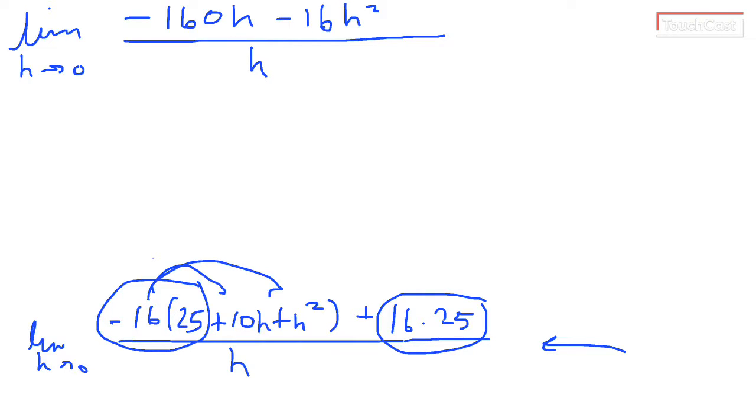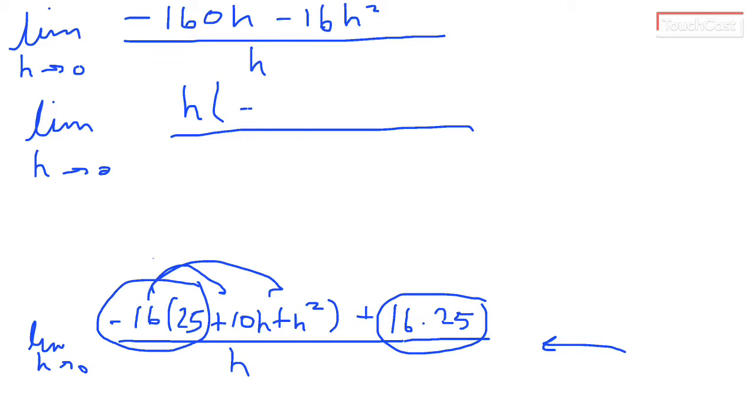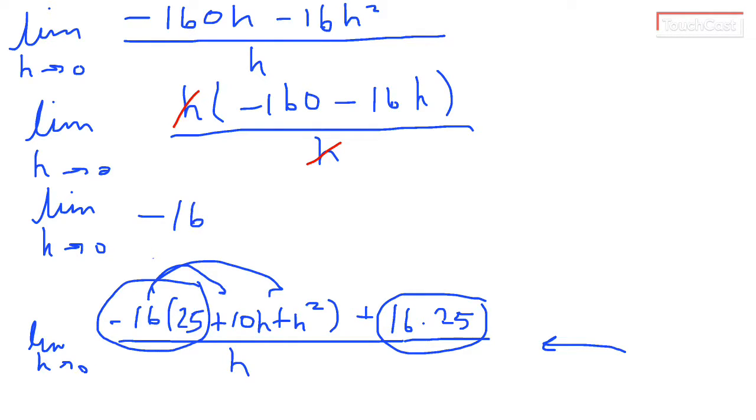If you're at the place where you can factor and cancel in your head, that's fine. I'm going to write it out in the factored version. That's the limit as h goes to 0 of h times negative 160 minus 16h over h. I know my h's are going to cancel, and I'm going to take the limit now as h goes to 0 of negative 160 minus 16h.